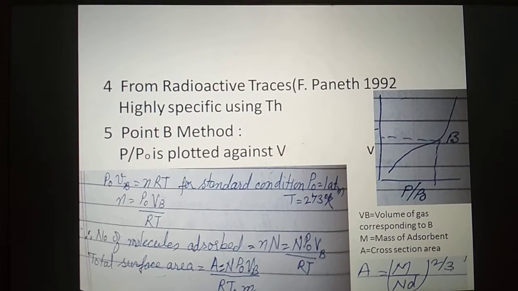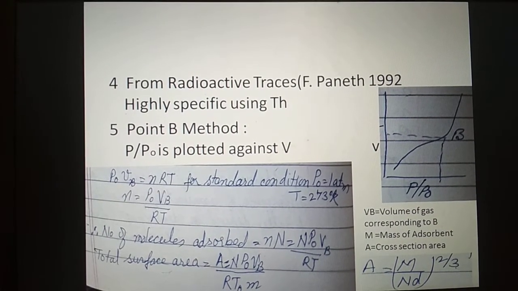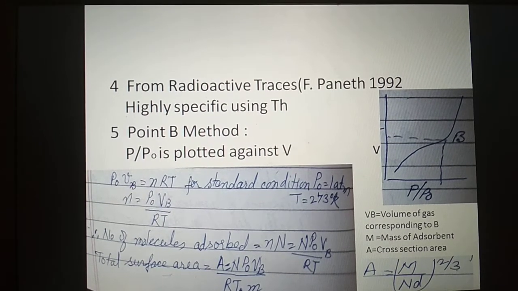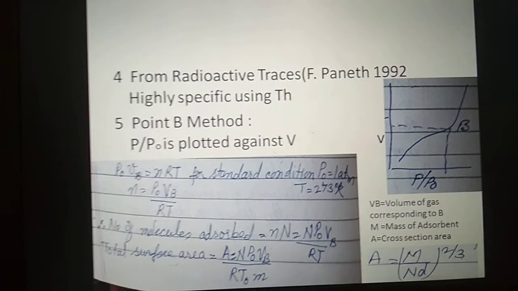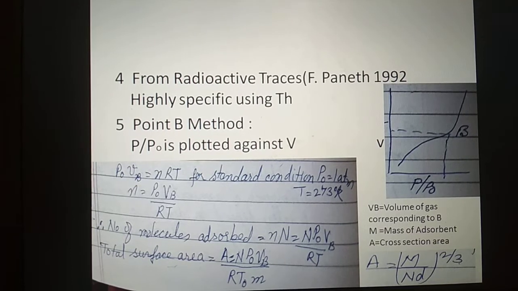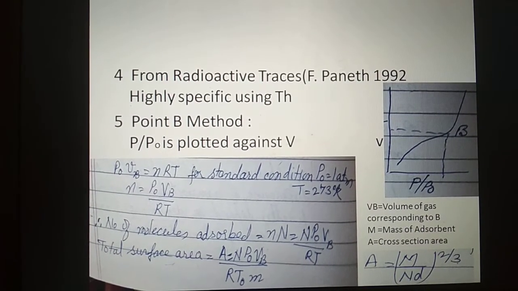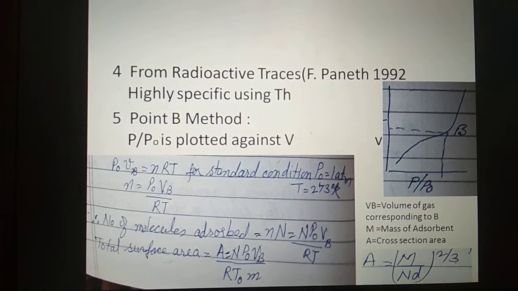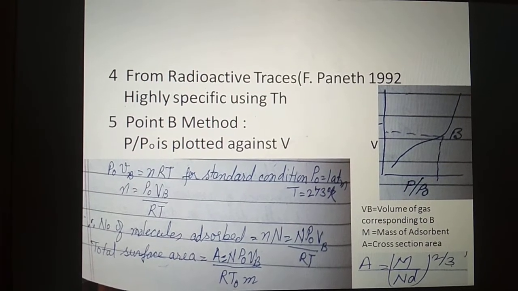Powdered lead sulfate is shaken with a solution of thorium. Lead thorium equilibrium is maintained and interchange of lead and thorium occurs, and at equilibrium the ratio of isotope on surface and solution is in equilibrium.